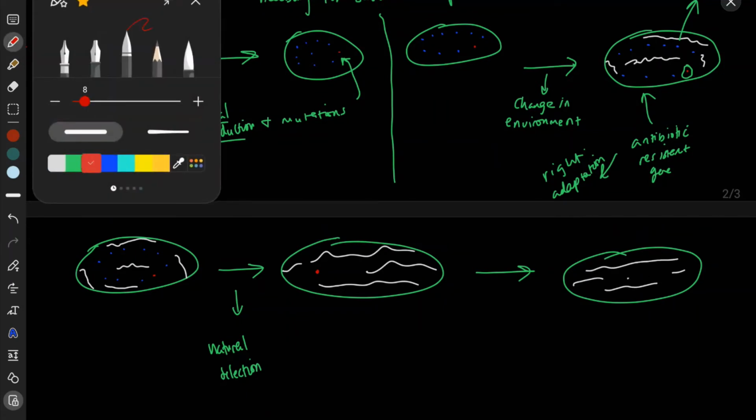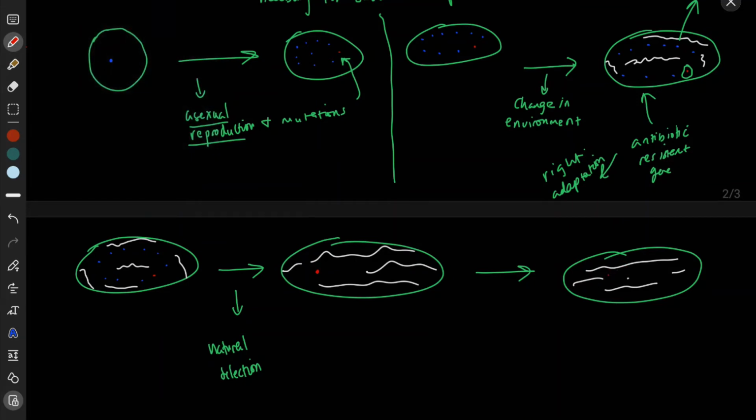But now we're going to have 1, 2, 3, 4, 5, 6, 7, 8, 9, 10. Now we have 10 colonies again, but of those bacteria that contain the antibiotic resistant gene.